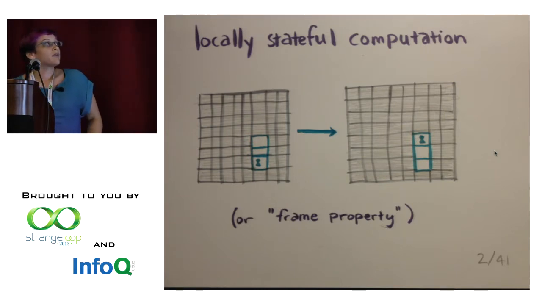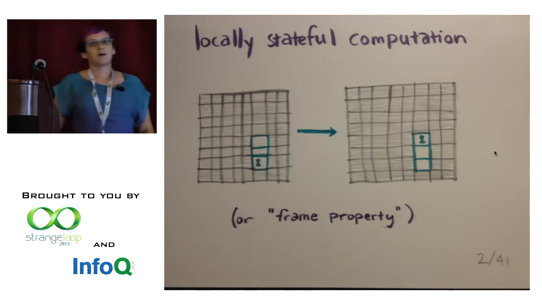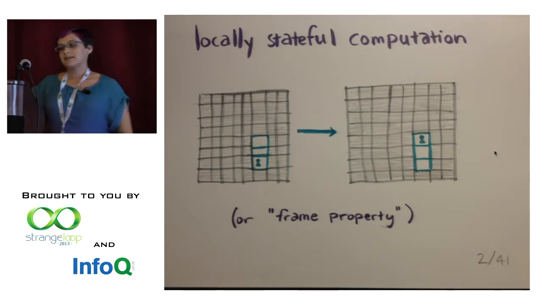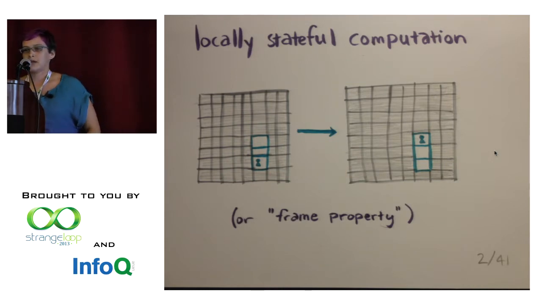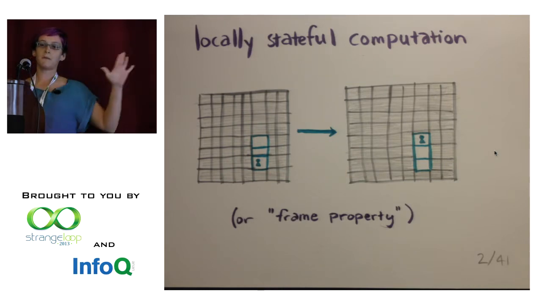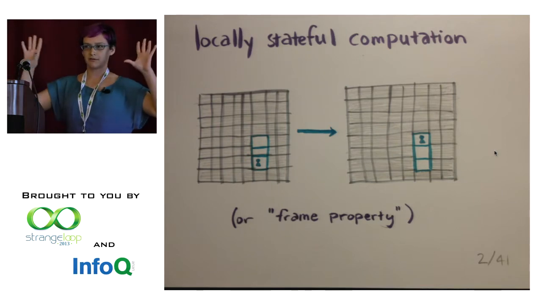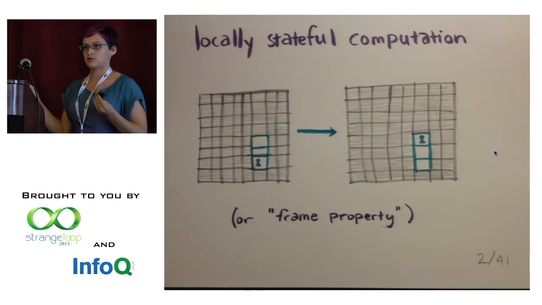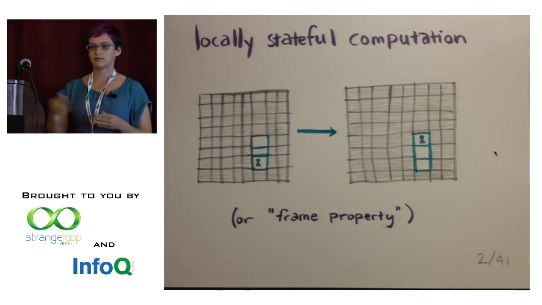So what I mean by locally stateful is that you're trying to model some evolving system, like maybe you're trying to describe the space of allowable moves in a board game. Your state consists of a bunch of stuff. You've got all of the cells of the board game. You've got maybe some other global properties of the game that you're tracking, like whose turn it is and whether certain pieces have moved yet.